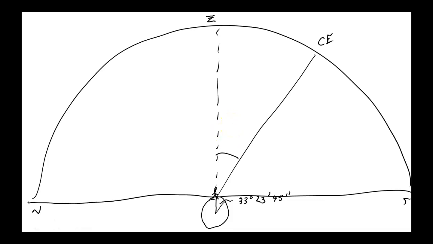That was our celestial thing we were dealing with. This is our latitude. See, that parallels this. So this is 33 degrees, 23 minutes, 45 seconds. Okay. Can you catch your name, please? Maurice? Okay. All right. Our head is somewhere here.